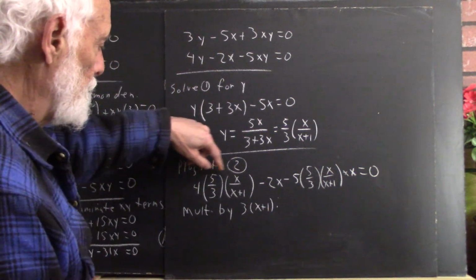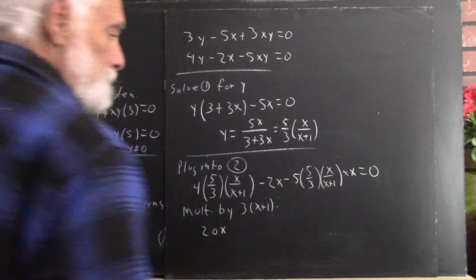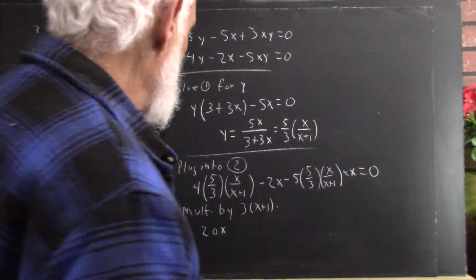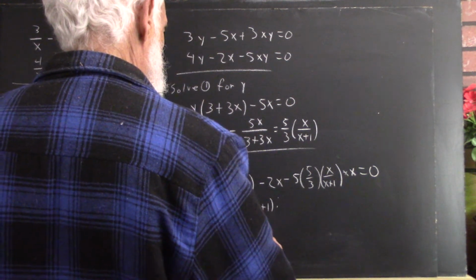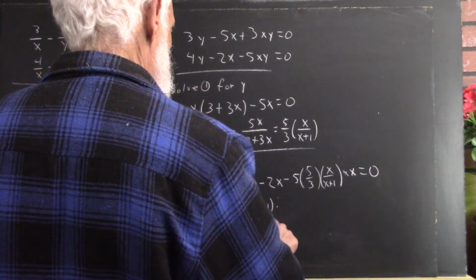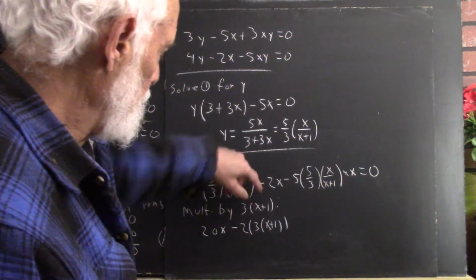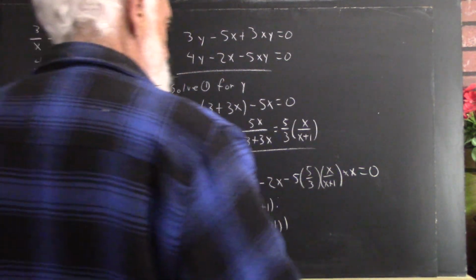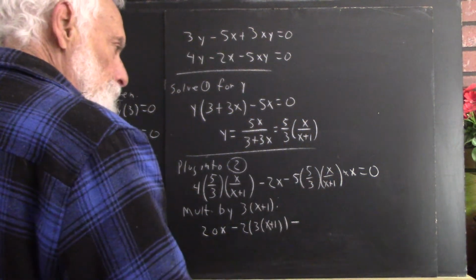We get 4 times 5 times x, which is 20x. Multiplying this, we get minus 2 times 3 times x plus 1. And here, again, the denominator is going to go away.